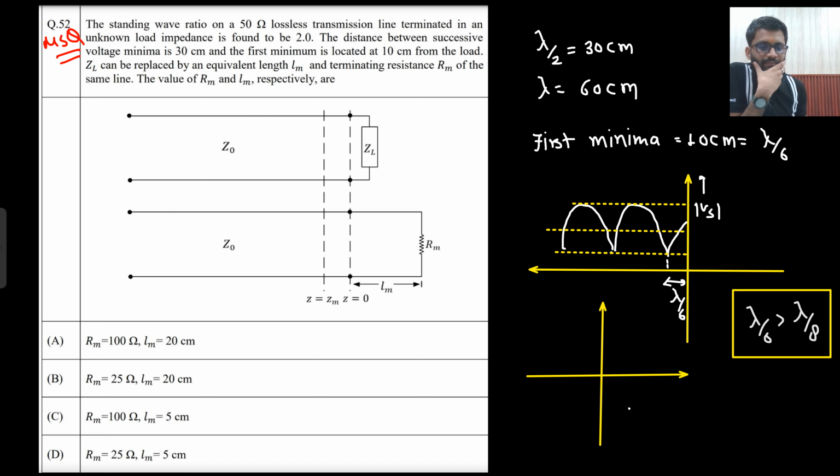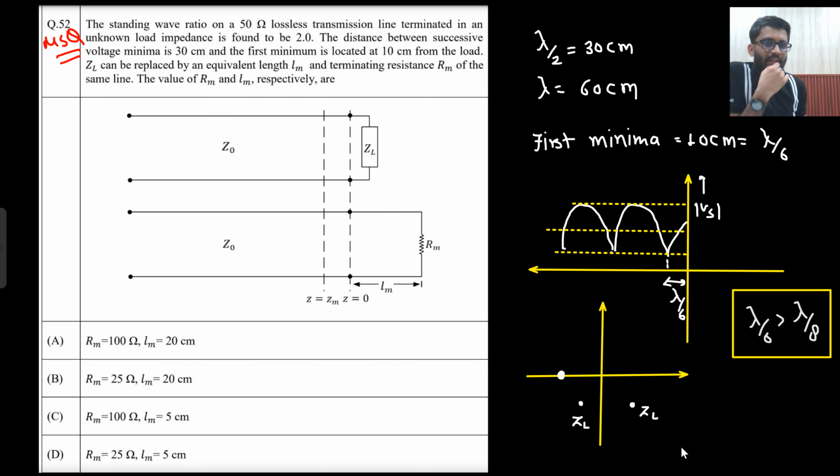Think about it. What they are saying is that you get your voltage minima at lambda by 6 distance. That means you need to cover lambda by 6 distance to get your minima. So here will be your minima. Your load ZL can be either here or here.